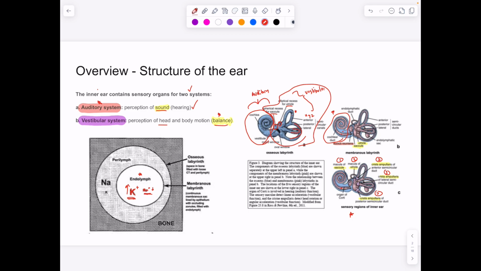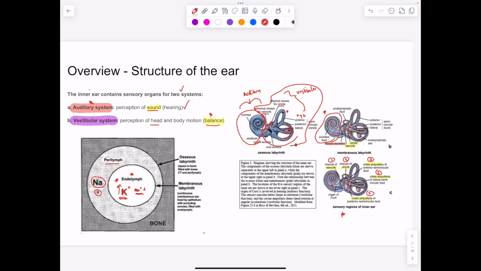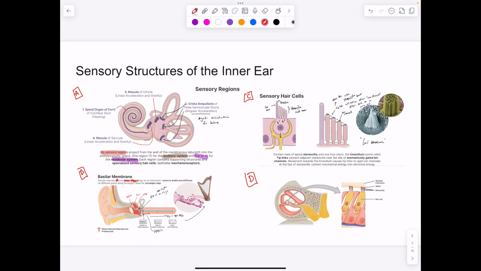And then outside of that, in the osseous labyrinth, we have perilymph, which is the opposite, high in sodium, low in potassium. All right, but the high potassium is such that we can depolarize our sensory cells, which are our hair cells, which we'll get to right now.